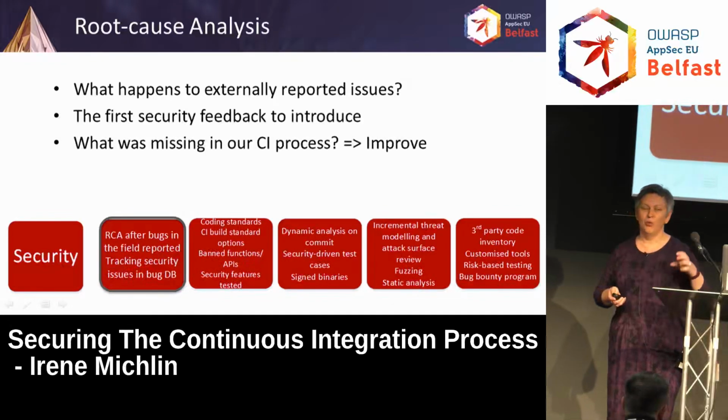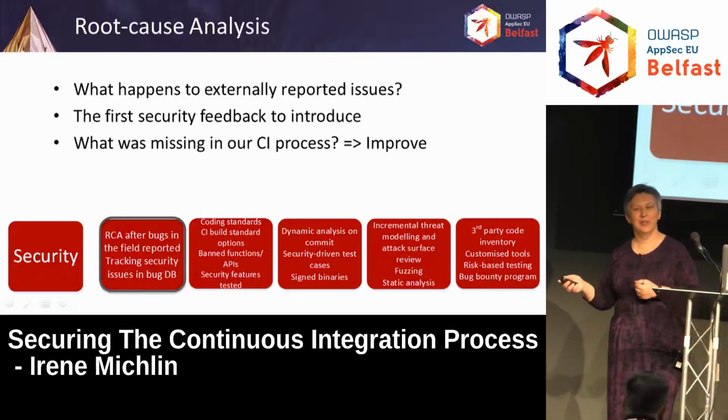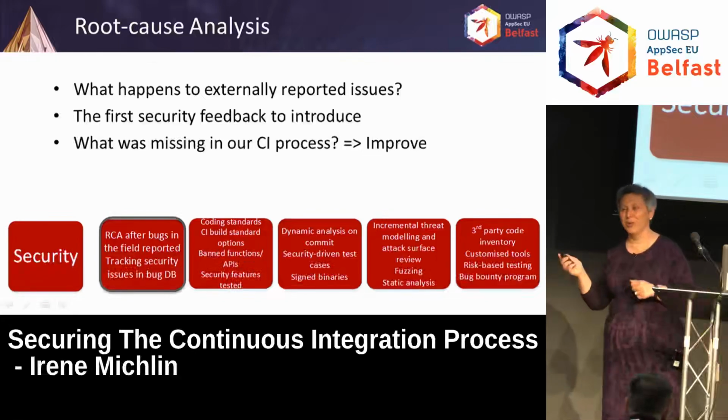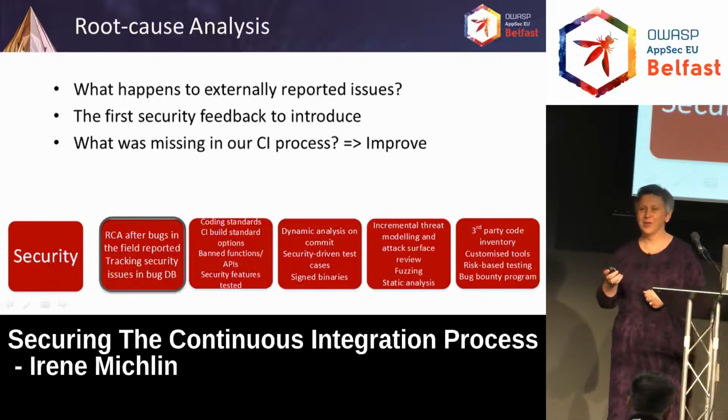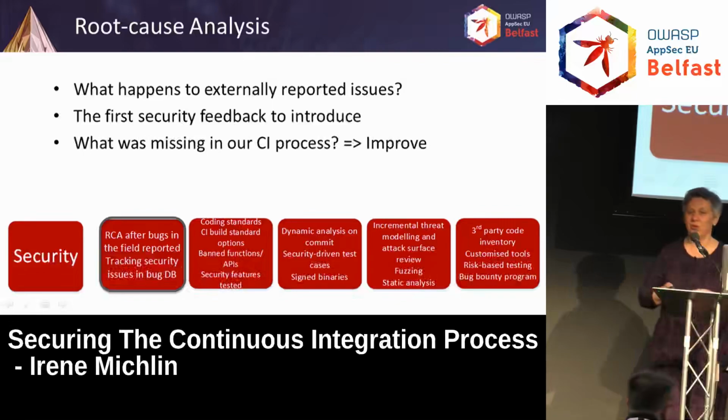What check, what tool would have caught this issue before it was released externally? And use it to improve your process continuously. And then after a while, maybe you will be ready for that bounty program, but not before you know that this process is actually useful in your organization and is used to continuously improve your CI process.